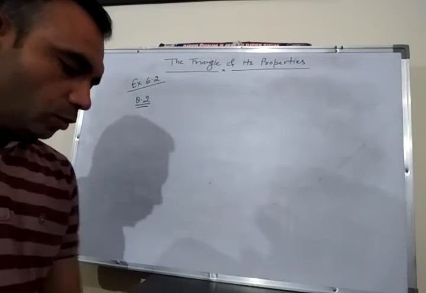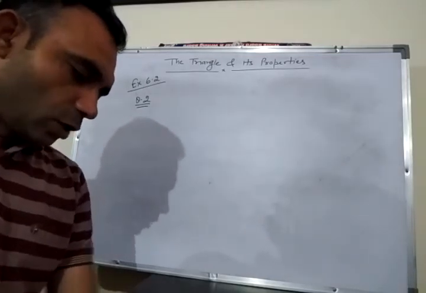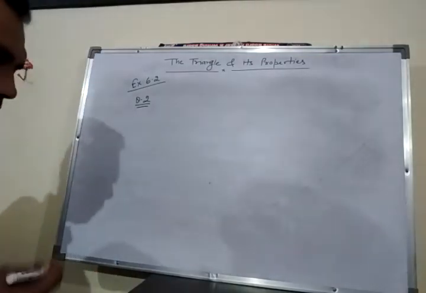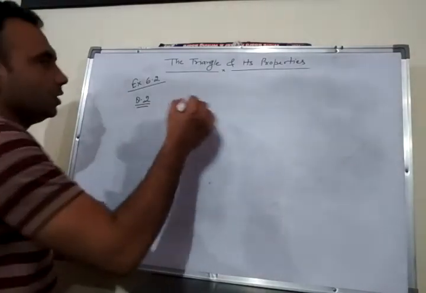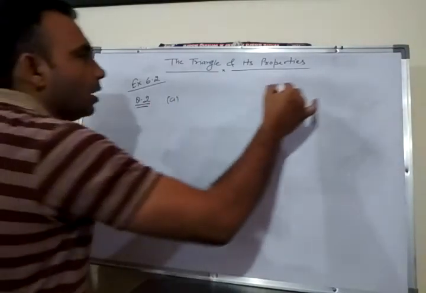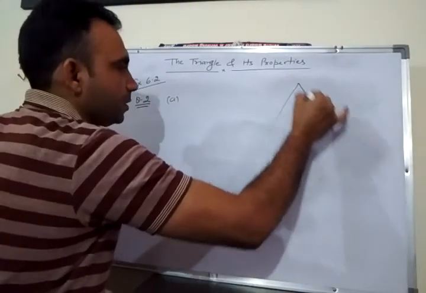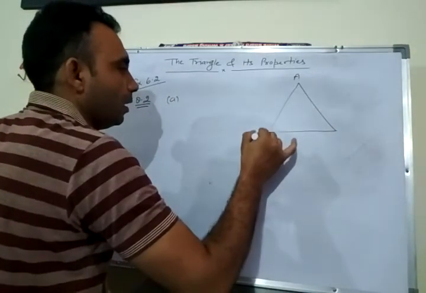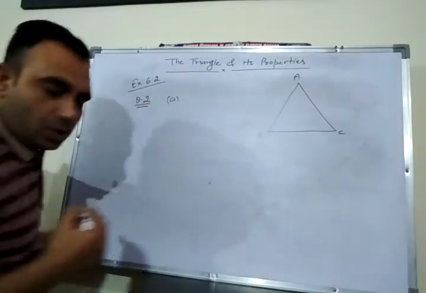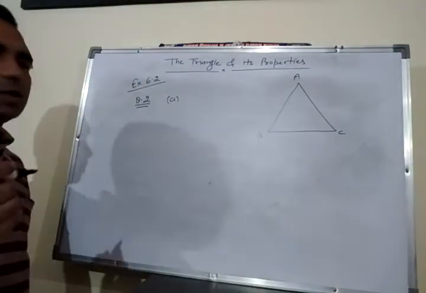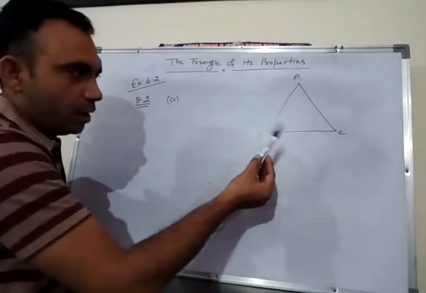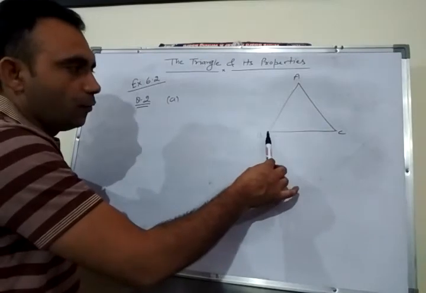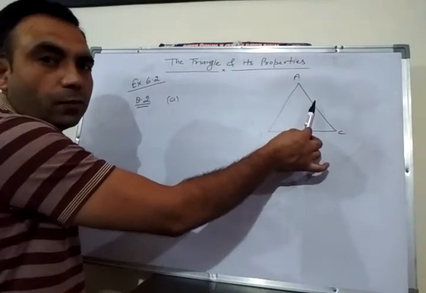In question number 2, draw rough sketches for the following. Part A: in triangle ABC, BE is the median. So you have to draw a triangle ABC and join a line from B to the midpoint of AC.